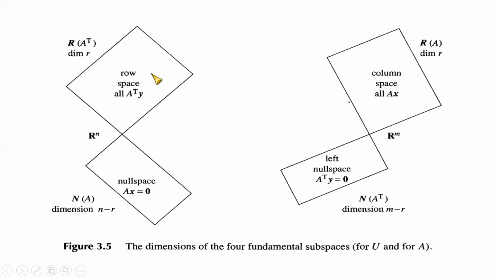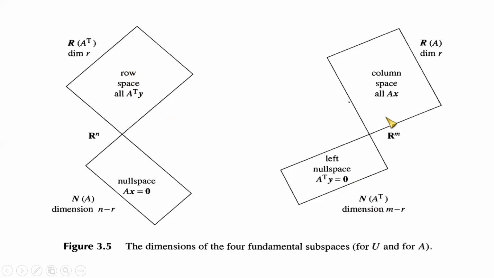What it means is that the row space as well as the null space are subspaces of R^n, and the column space and left null space are subspaces of R^m. The row space has dimension r, the null space has dimension n minus r, the column space has dimension r again, and the left null space has dimension m minus r.